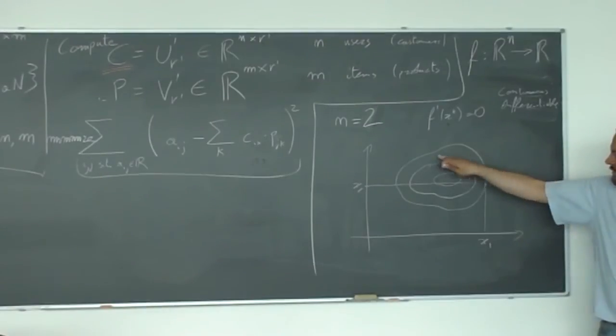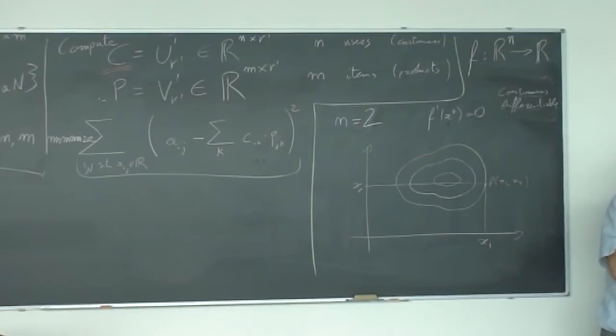I actually don't know the name of these lines in English. Actually, I'm not sure I know it also in Italian. Anyway, I hope you understand what I mean. Yes, contour lines, sometimes, okay.